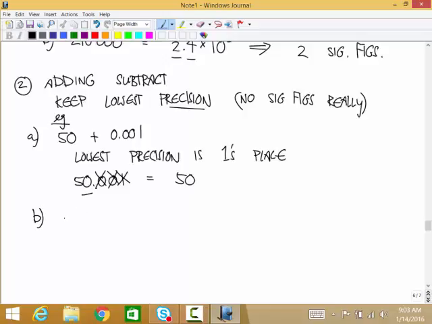And if you have 20.52 minus 10.003, okay, the lowest precision for this one is the hundredths place.